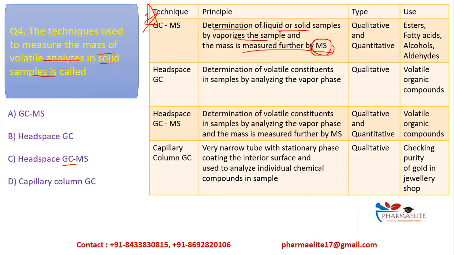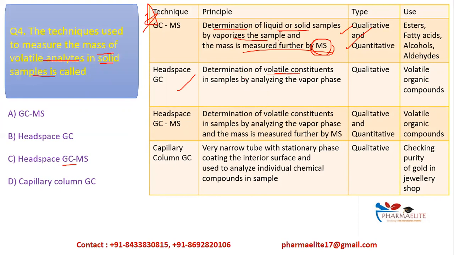So first we vaporize the sample by GC and then the mass is found by mass spectroscopy. This is both a qualitative as well as a quantitative technique that is used for esters, fatty acids, alcohols and aldehydes.